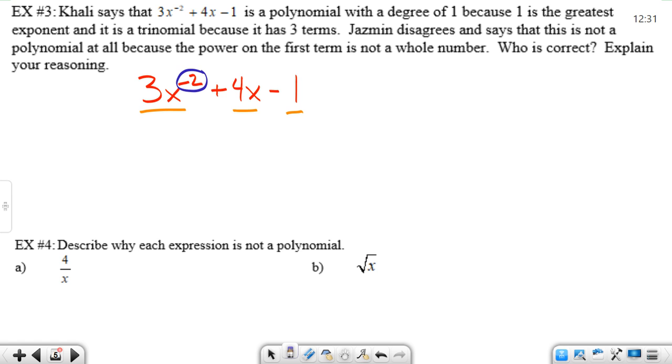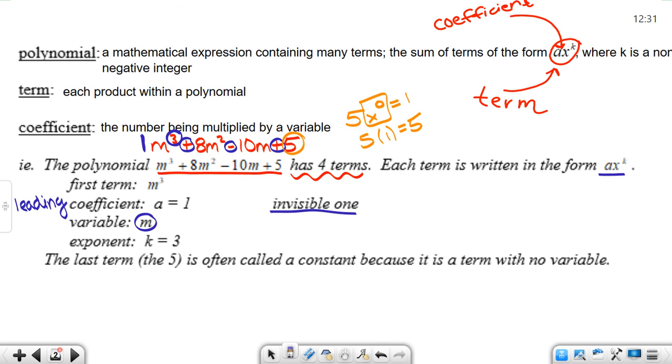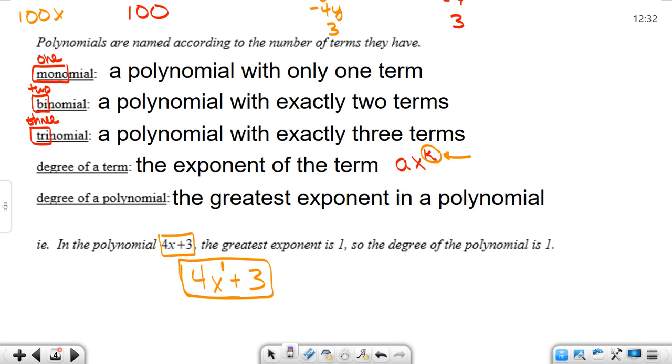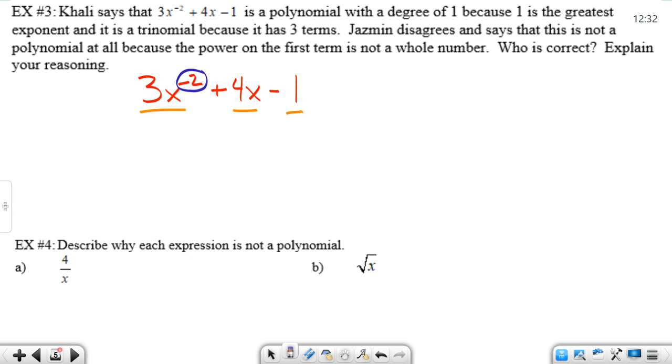Now, if you guys recall, if we go all the way back here to the definition of a polynomial, it said where k is a non-negative integer. K is a non-negative integer. So that means any powers that we have on our terms have to be non-negative integers, or as Jasmine stated it, they have to be whole numbers.